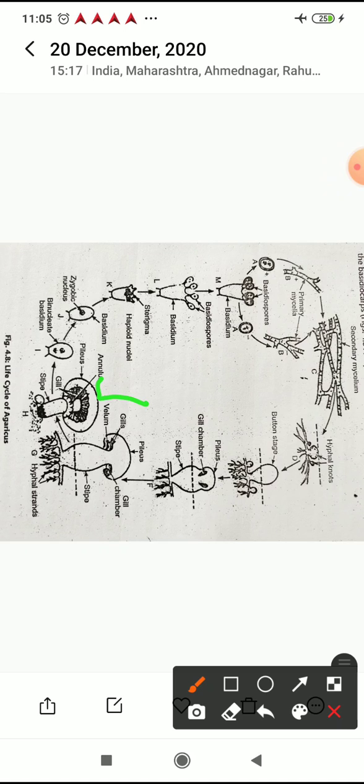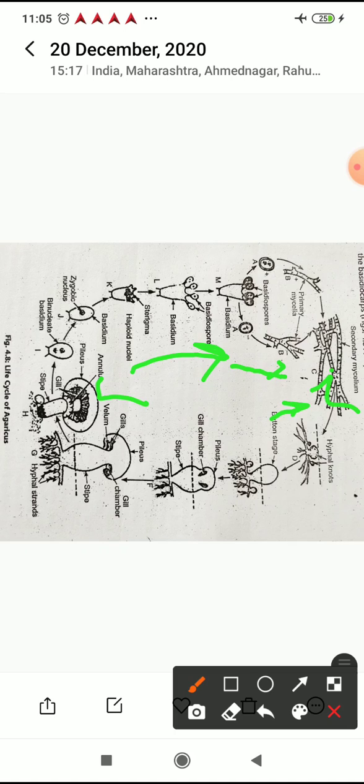This is a mature basidiocarp, and here you will get formation of basidia and further development, formation of primary mycelium or monokaryotic mycelium. Positive and negative strain mycelium come together and form this secondary mycelium.